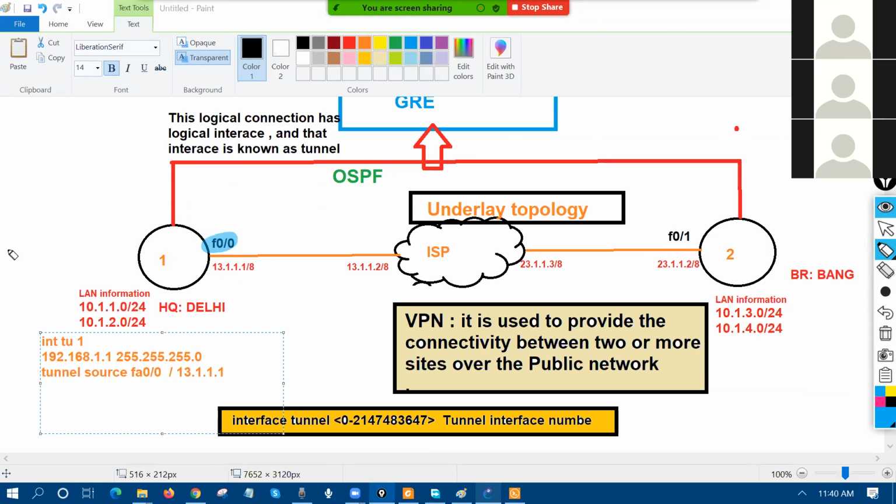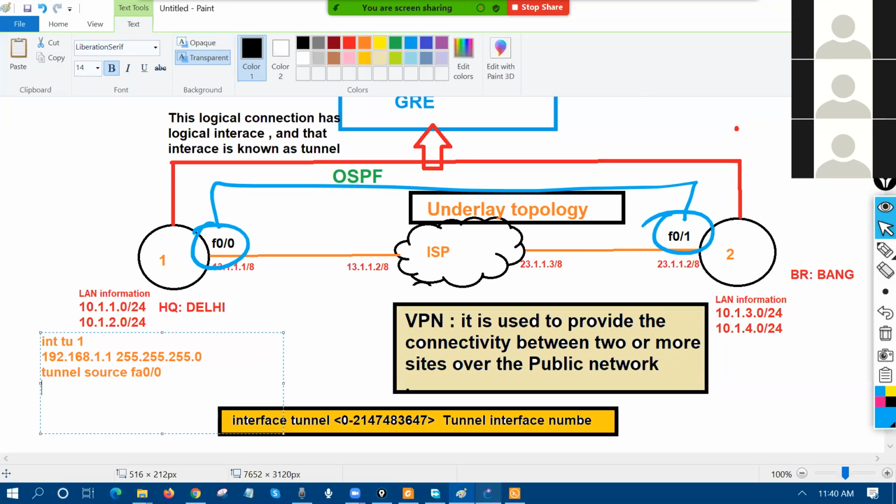When the packet comes in on interface 0/1, it has to be sent out from 0/0 through the tunnel over there. This is my source. You can use a different source as well, but this is the 0/0 facing the WAN side, and that will be my source. My destination will be from here to here, so I can write the destination over there.